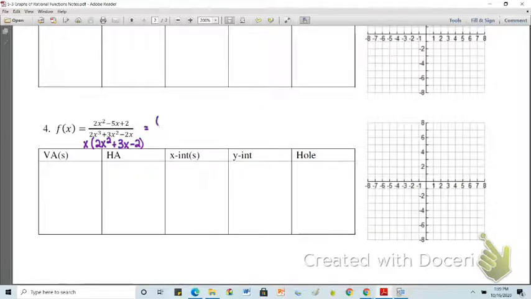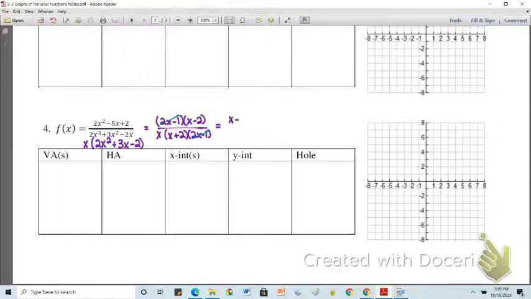So on top, I get 2x minus 1 times x minus 2. On bottom, I need to bring along that x I factored out, and I have x plus 2 and 2x minus 1. So I can cancel out the 2x minus 1.